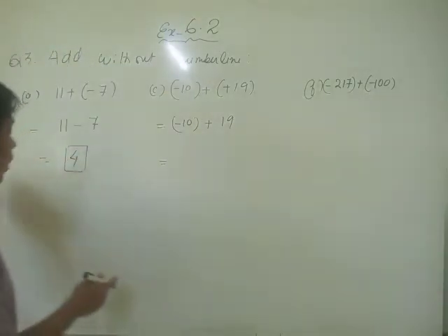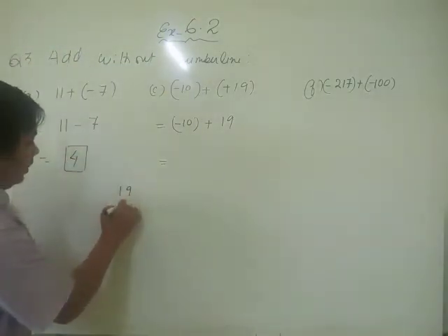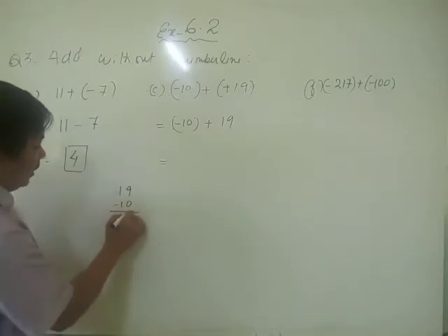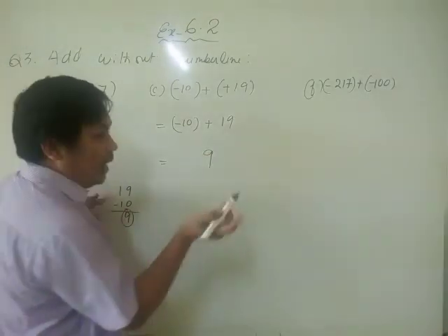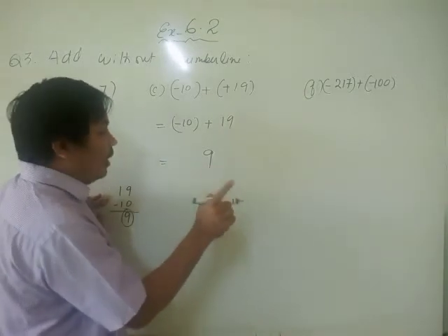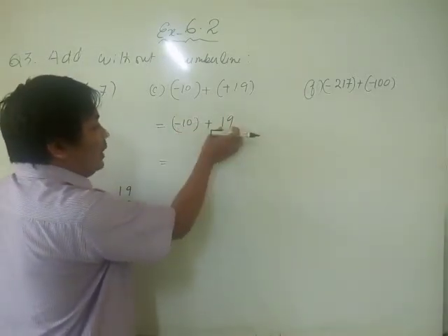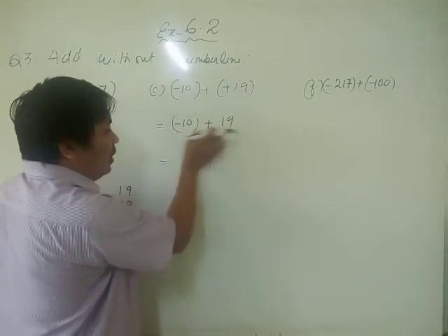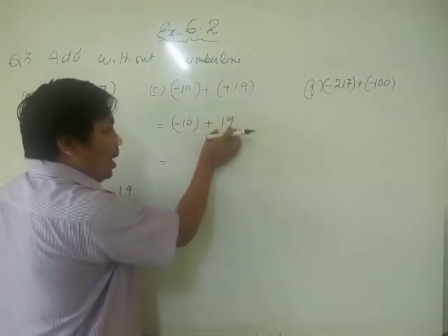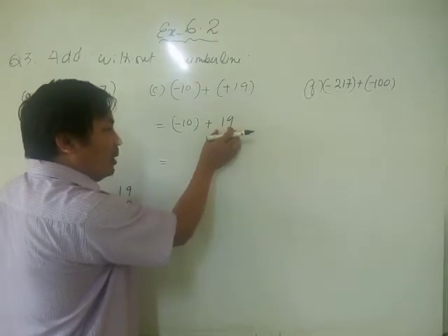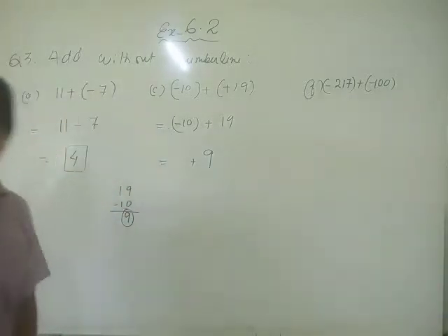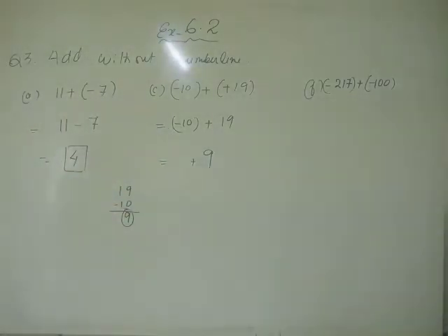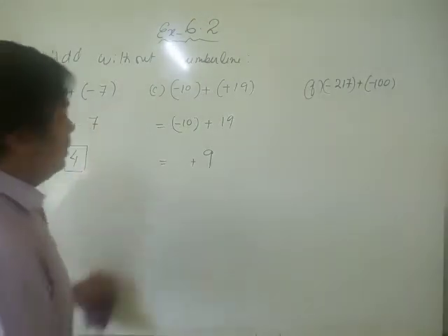Subtract 10 from 19, then how much are we getting here? We are getting 9. Now find out which one is greater. 19 is greater out of these two numbers. What is the sign of 19? The sign of 19 is plus. So the 9 will be plus 9. Understand? So this is the answer.